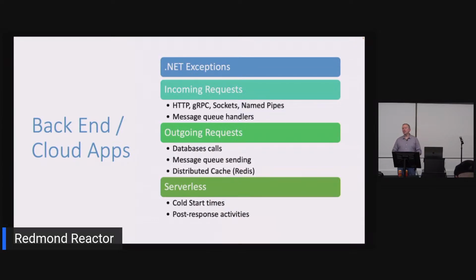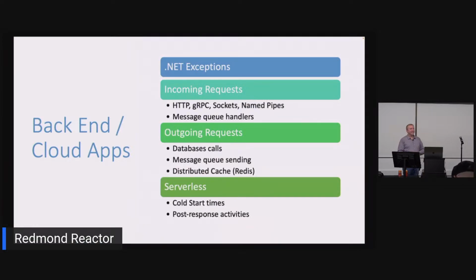Also, a lot of microservice architecture depends on sending messages to queues. So if what your backend does is it receives a request and then writes out to the queue, then the write out to the queue would be one thing that you should be instrumenting. And if your background worker service is sitting there listening to a queue as a handler, then that it received a message off the queue is another thing that needs to be instrumented, right?